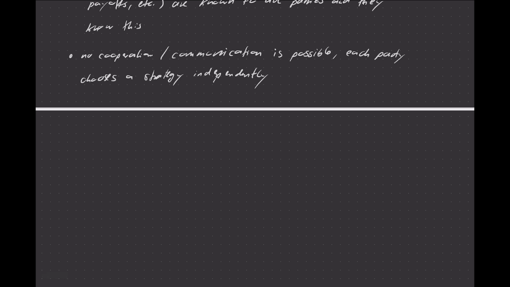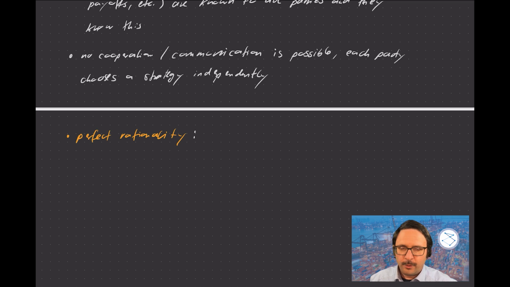And finally, probably the most important assumption here is perfect rationality. So what that means is all parties involved behave perfectly rational. They will analyze what consequences their action will have. For example, they will assume if I choose that strategy, then what strategy might my opponent choose, the other player?